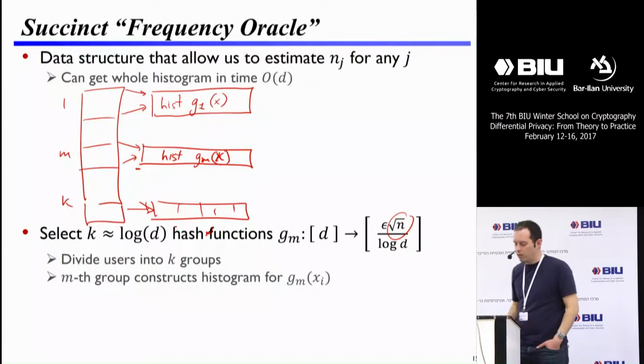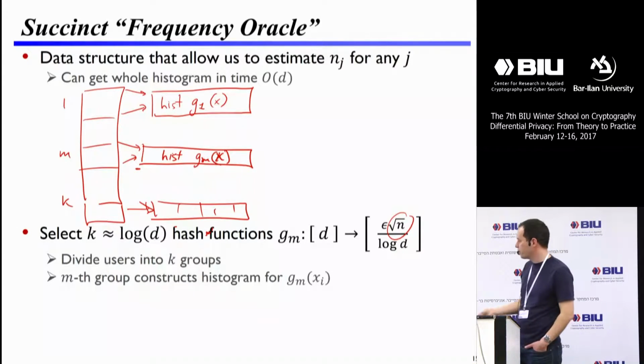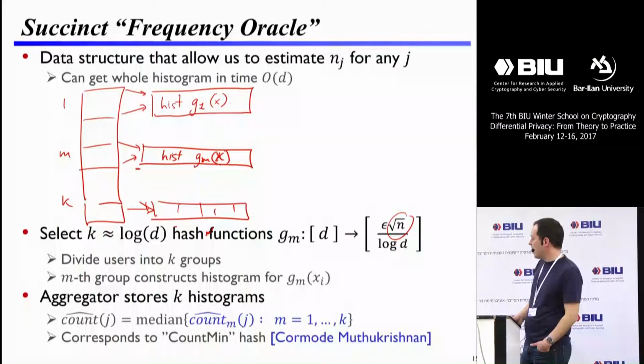Now they'll do this using the protocol we saw before, but notice that the communication isn't on the order of d, it's on the order of square root of n. In fact, a little less than that. The aggregator stores these k histograms.